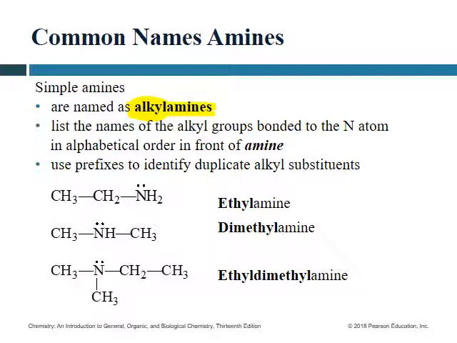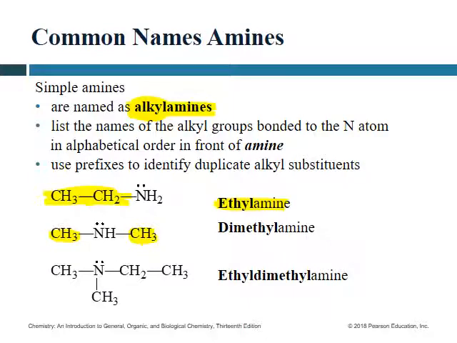So everything that is attached to the amine is regarded as an alkyl group when you're naming it with the common name. So for instance, nitrogen has which group attached to it? 2 carbon. 2 carbon alkyl is called ethyl. So it is ethylamine. Here what do we have? I have nitrogen attached to 2 methyl groups. So it is called dimethylamine.